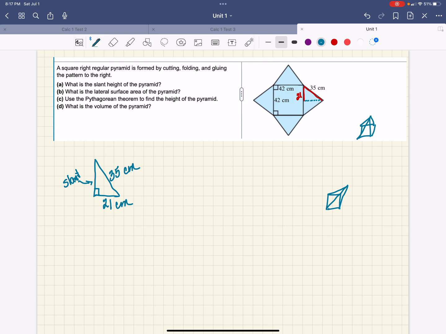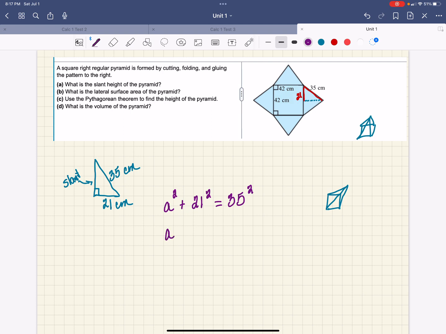So we can use the Pythagorean theorem. You got to be careful with it because this is my hypotenuse right here, that's my C value. So we're going to have some A value that we don't know yet, then our B value, which is 21, and our C value, which is 35.